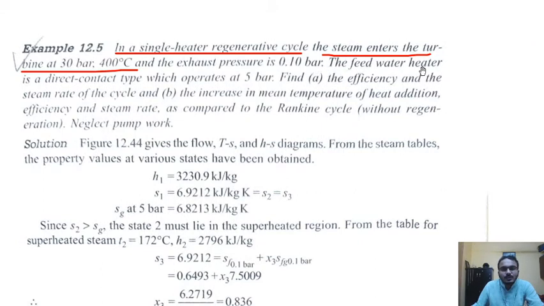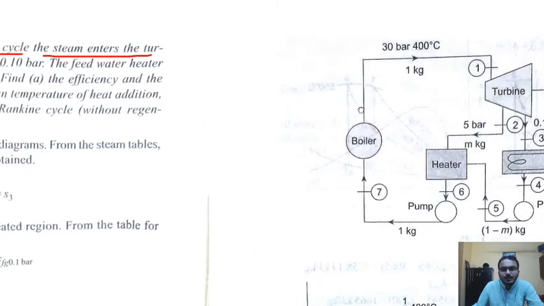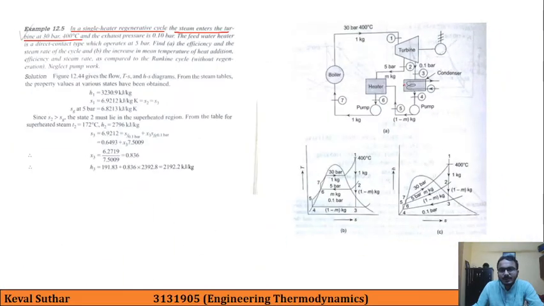Now the feed water heater is direct contact type, which operates at 5 bar. So what is happening here is that we are extracting the steam at 5 bar over here. So the expansion is happening in 3 stages. First at entry it was at 30 bar, then we have the extraction point at 5 bar, and after that it is 0.1 bar.